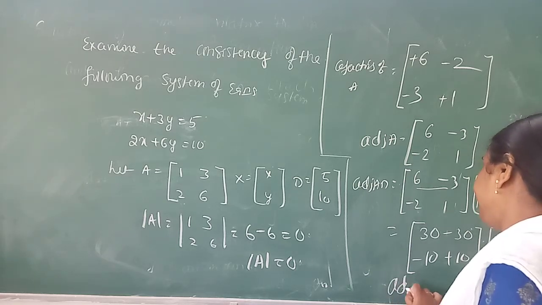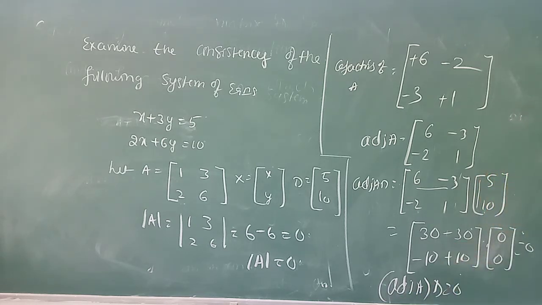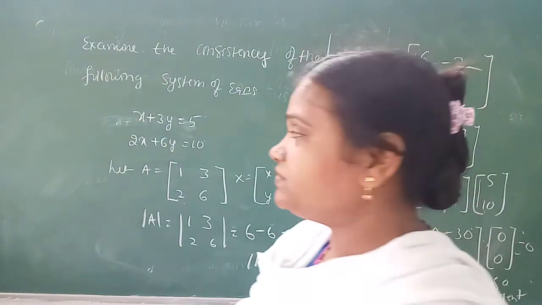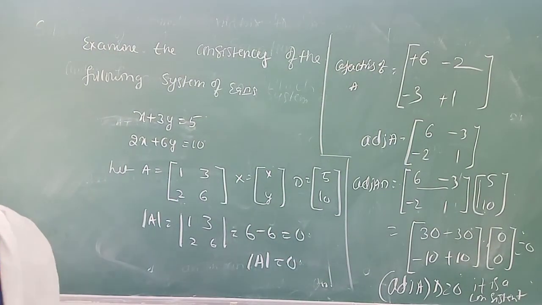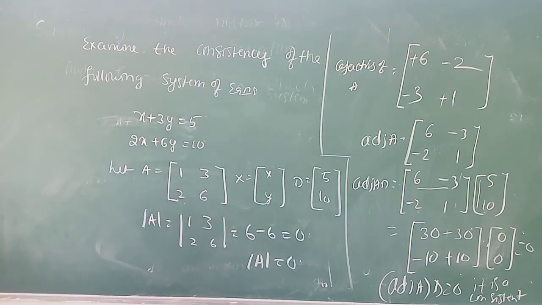Means adjoint A into D is 0. So we say that it is consistent. But how many solutions are there here? Infinitely many solutions.